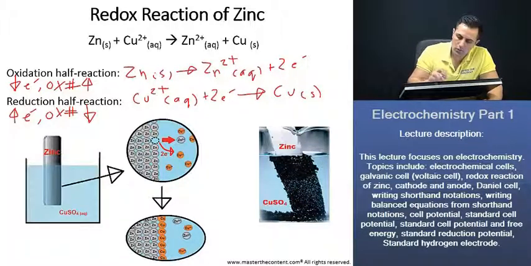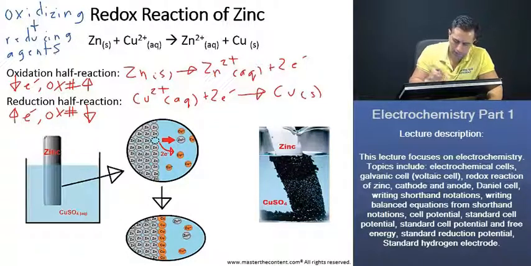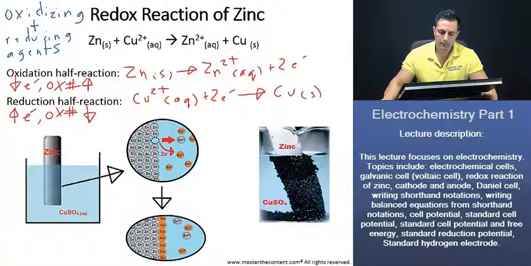Wonderful. One other thing we should do is a quick reminder about oxidizing and reducing agents. Because our copper ion is gaining electrons, it is oxidizing the zinc, so we can say the copper ion is the oxidizing agent.